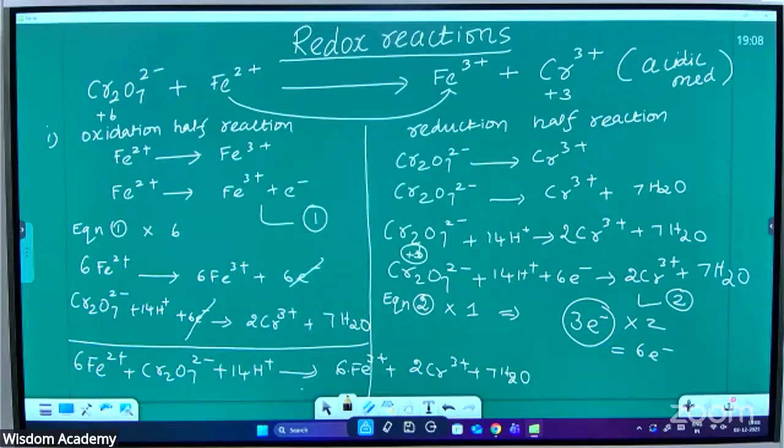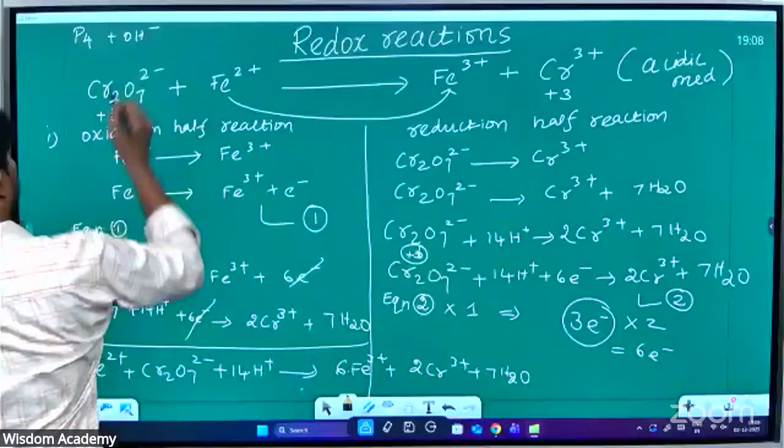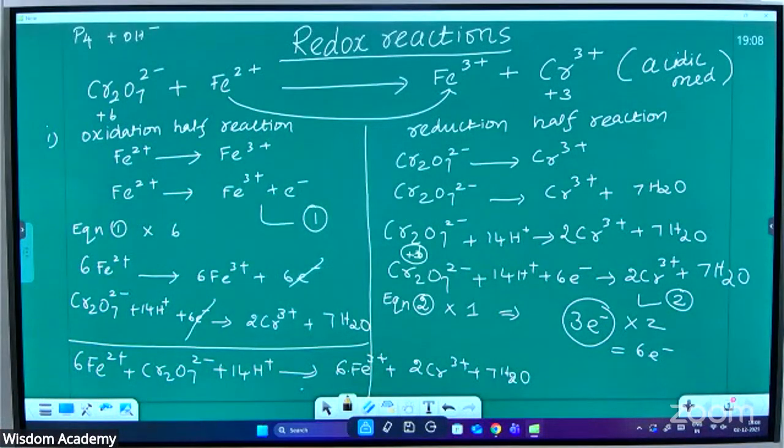P4 tetraatomic, P4 plus OH minus gives PH3 plus HPO2 minus.